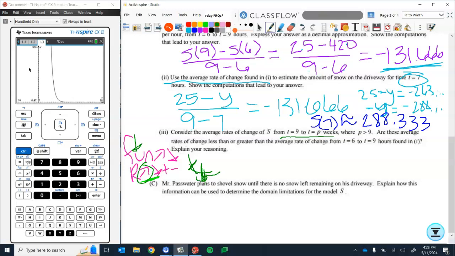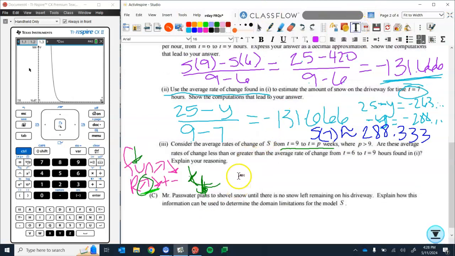So then I'm going to try to type. I still don't know what was wrong with the other one, why it wouldn't type for me. So let's type here. What I would say here is this. I would say that the average rates of change.